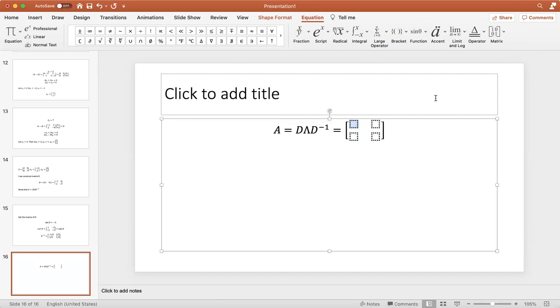So that's going to be 1, negative 1 rather. You have negative 1, 2, 2, 1. You have your diagonal matrix of eigenvalues. So you have 2, 0, 0, 7. And then you have the inverse matrix.